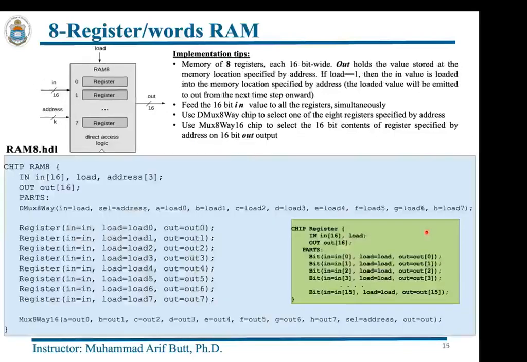Let me move on to the HDL again. And at the end over here, you see the MUX 8-way 16 chip. And depending on this address, any one of these 8 inputs, A, B, C, D, E, F, G, H, is placed on the output of this RAM 8.